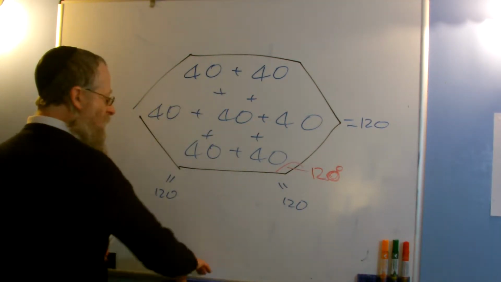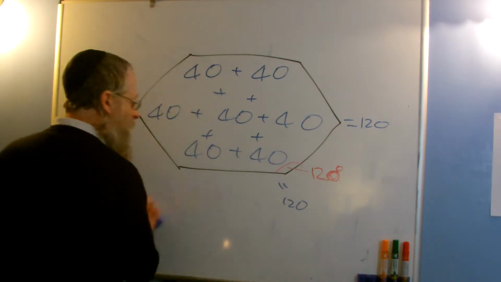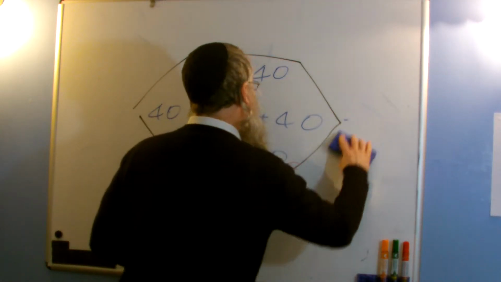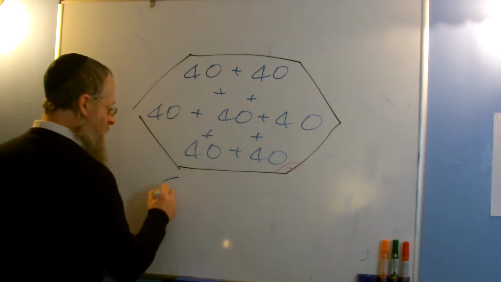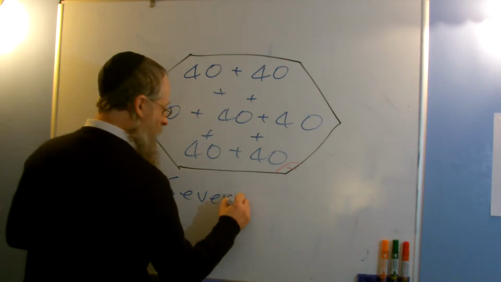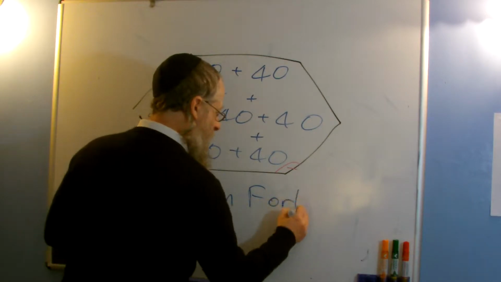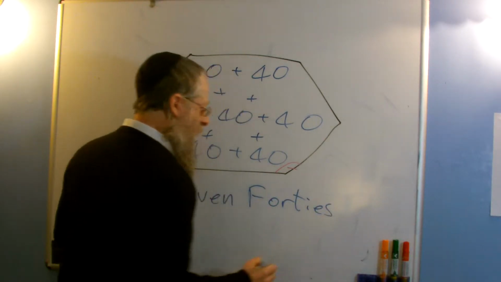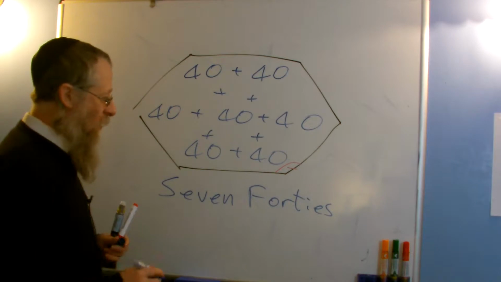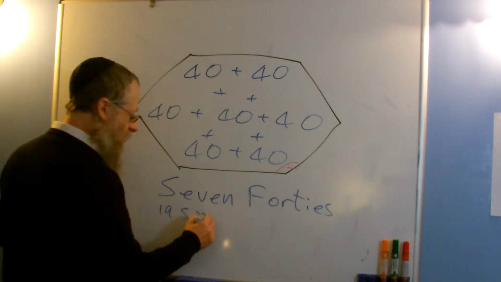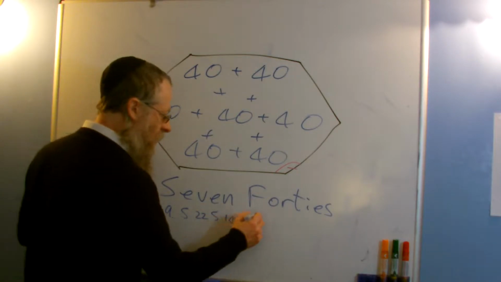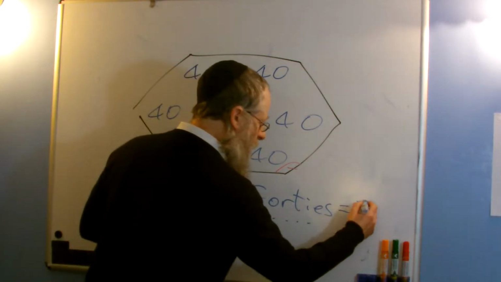So we've got 7 40s. Let's now look at what 7 40s are. Now, if I was to work out the placement value of seven forties, S is 19, E is 5, V is 22, E is 5, N is 14, all the way along, I'll get 157.